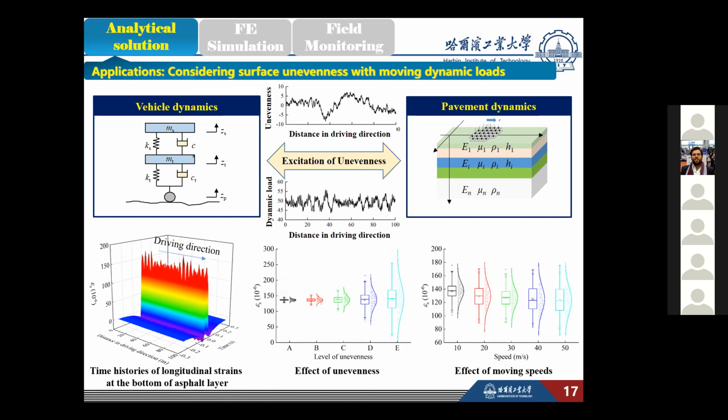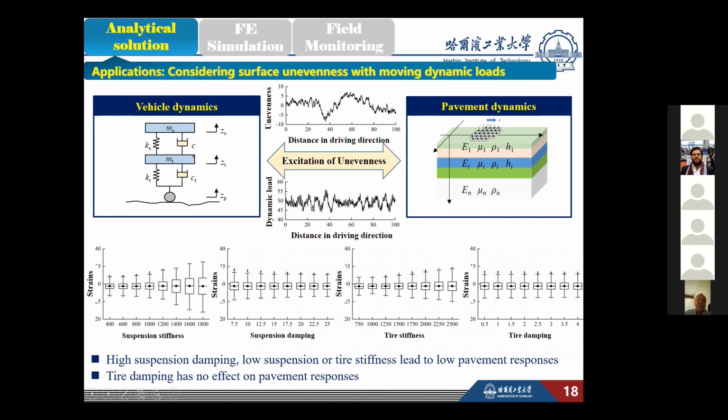The peak of strain fluctuates due to the moving dynamic loads. The effect of unevenness and moving speed on the strains could also be discussed. High unevenness significantly results in a large pavement response, while high moving speed leads to a lower response.